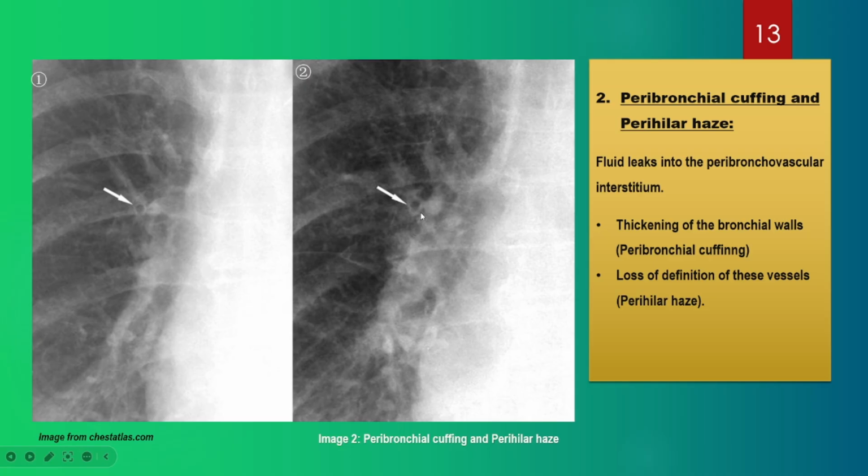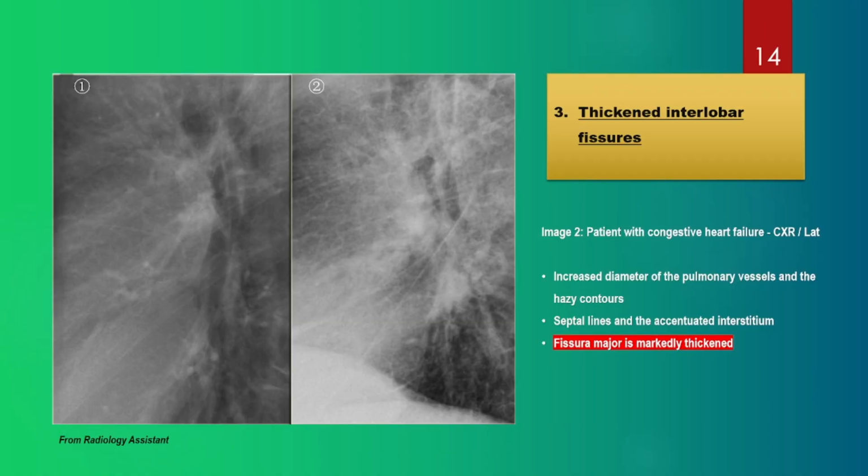Because of leakage of fluid, there will be haziness in relation to the vessels. This is called perihilar haze. Then the fluid leaks into the interlobar fissures, the major fissures. This is the oblique fissure which is thickened due to fluid, thickened interlobar fissures.